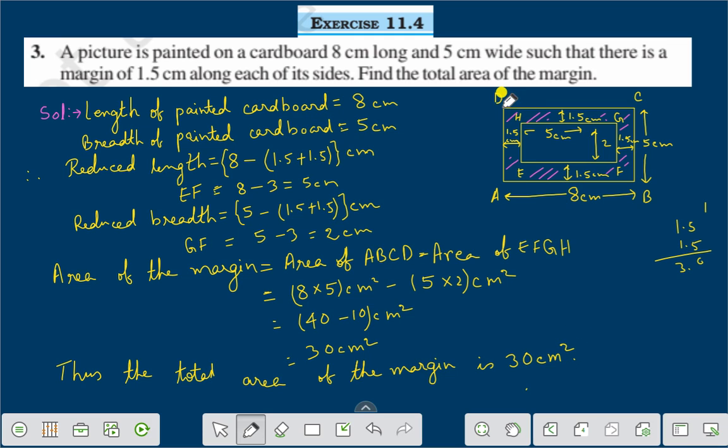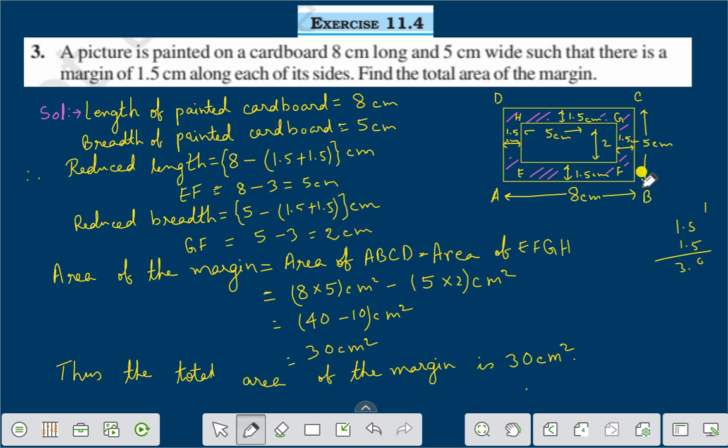Right? Here you see, that means you have to subtract the area of this rectangle from the area of the bigger rectangle, so that we get the area of the margin, right? First of all, you have to find the reduced length, that is 8 minus 1.5 and 1.5, that is 3. 8 minus 3 is 5, right?